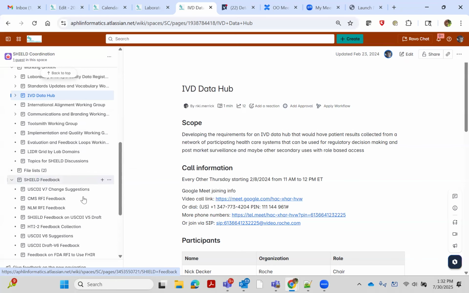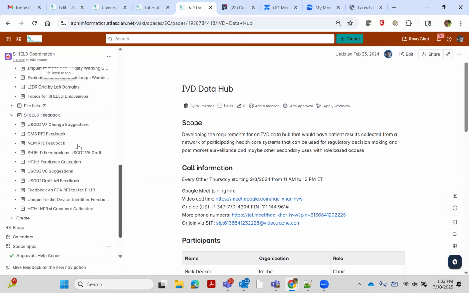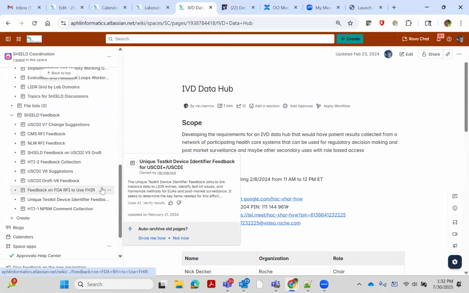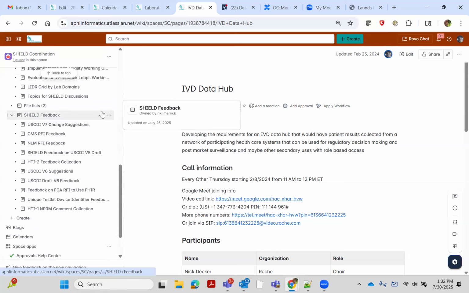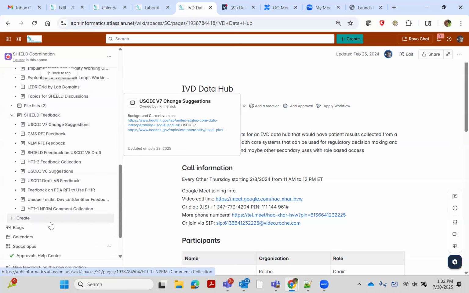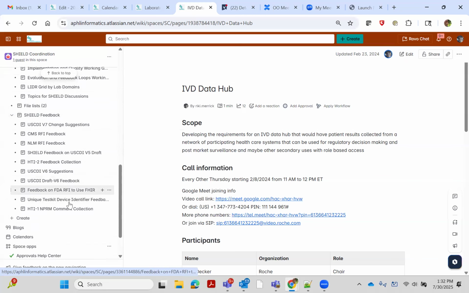And then, since we're Shield and a big group, and part of the group is EHR vendors that are affected by certification, we do pay attention to any entries in the Federal Register that affect lab data. And so for any of these, we do try to do a review and try to provide feedback.